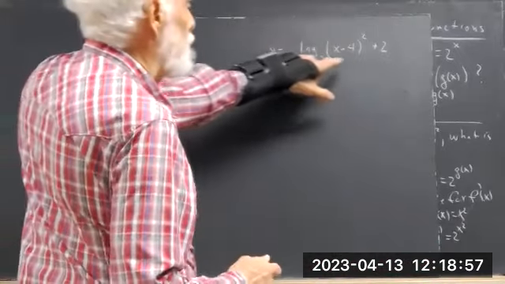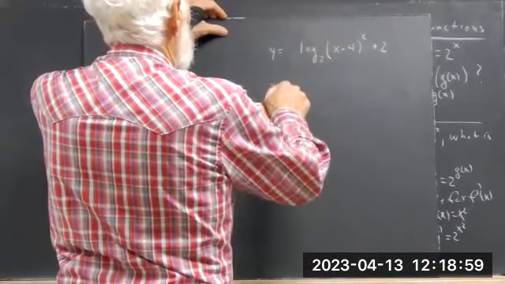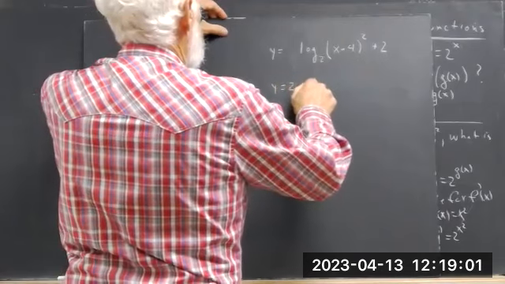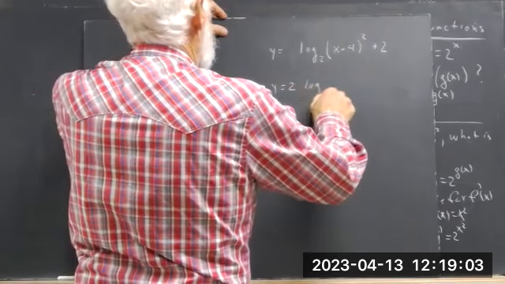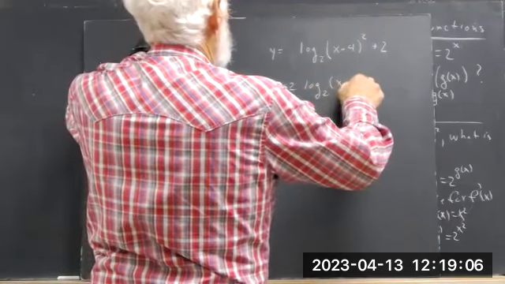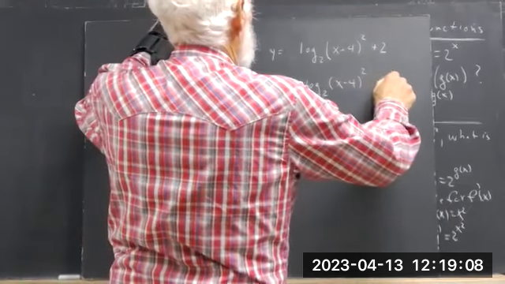But first, I'm gonna rewrite this as y equals 2 log base 2 of (x minus 4), plus 2.